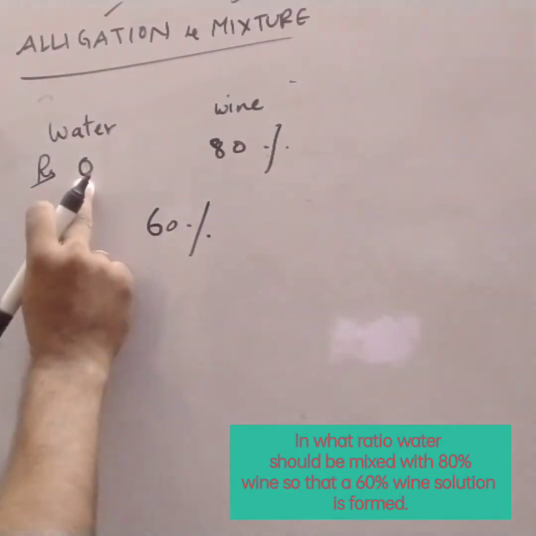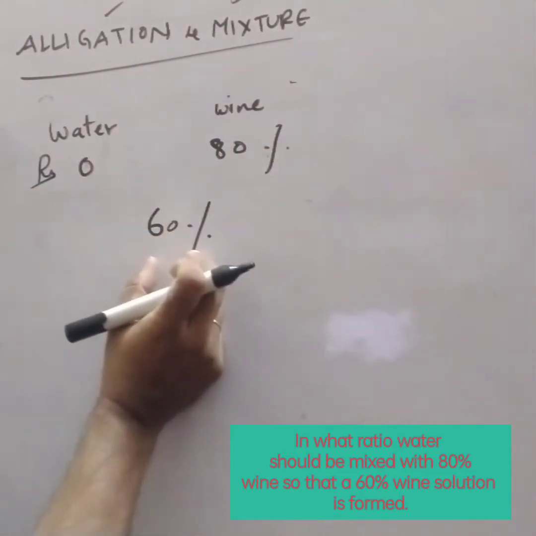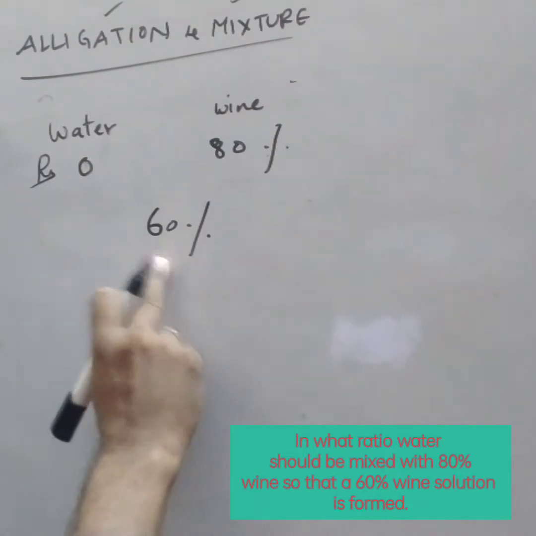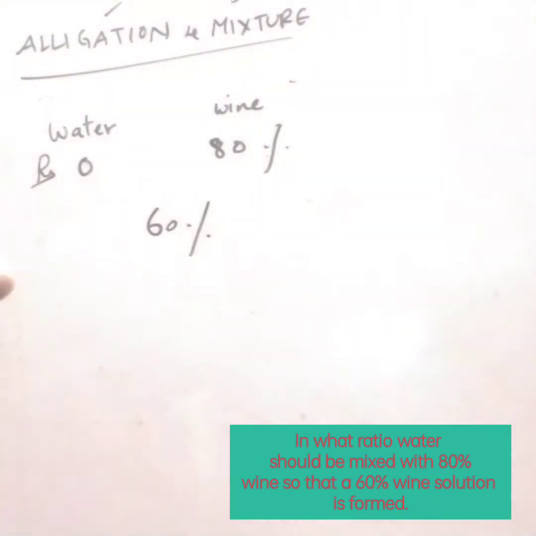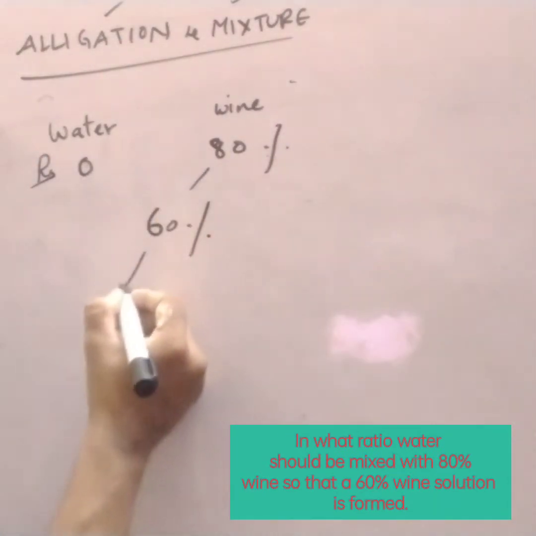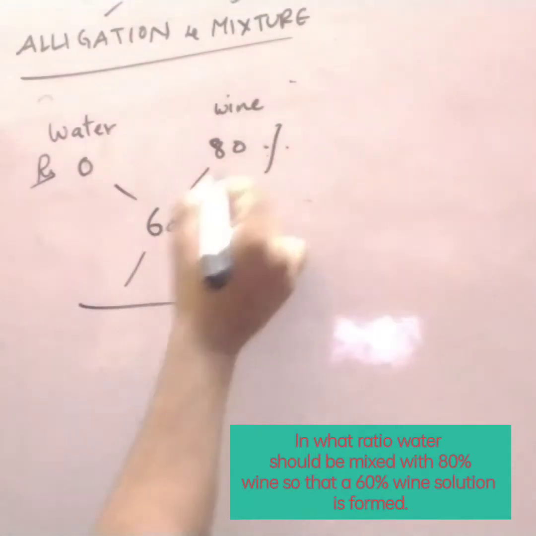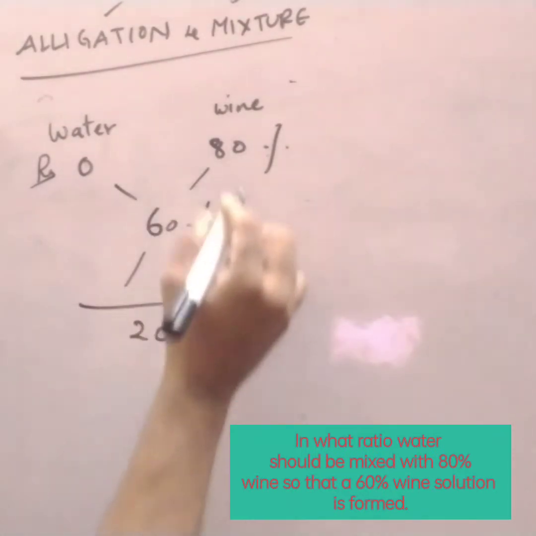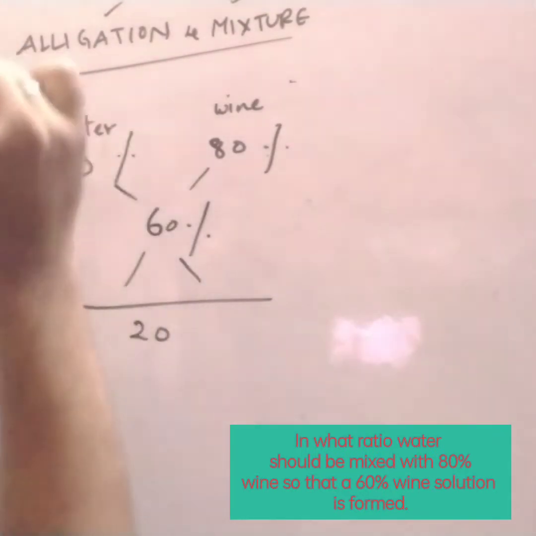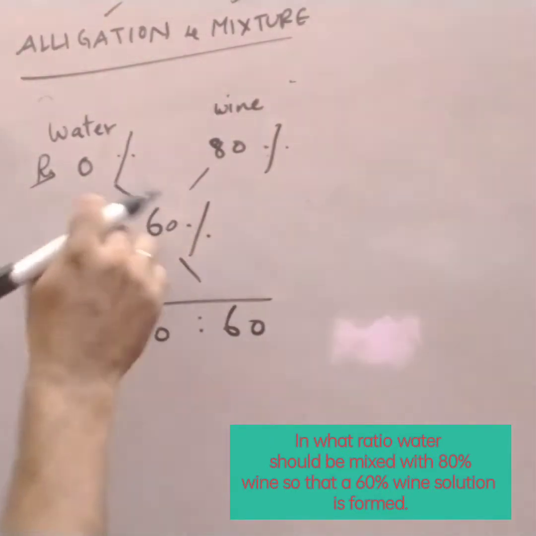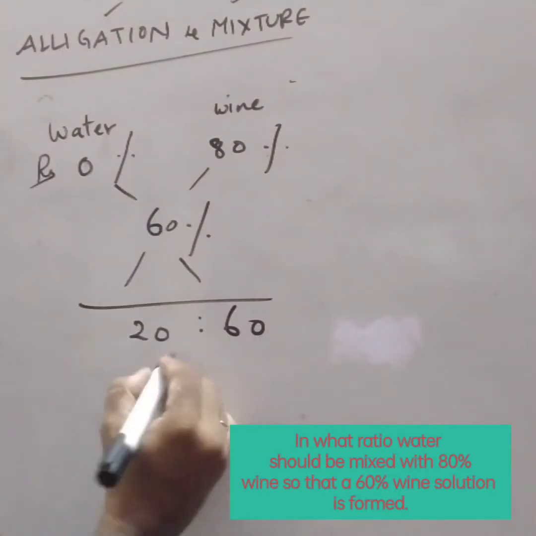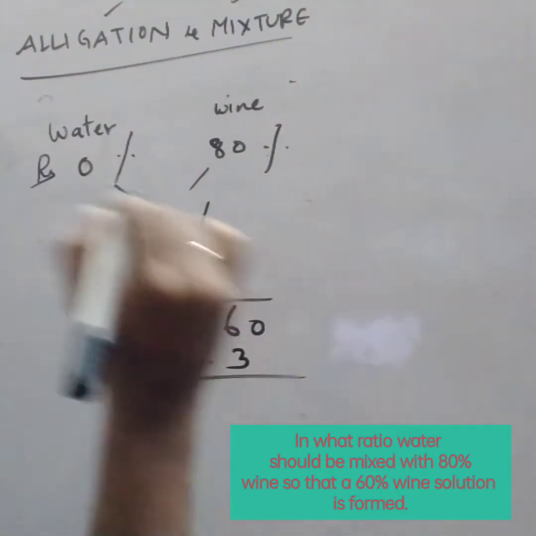This is water, this is wine. This is the mixture of wine and water containing 60% wine. So we'll take the difference as usual. 80 minus 60 is 20, and 60 minus 0 is 60, that is 1:3.